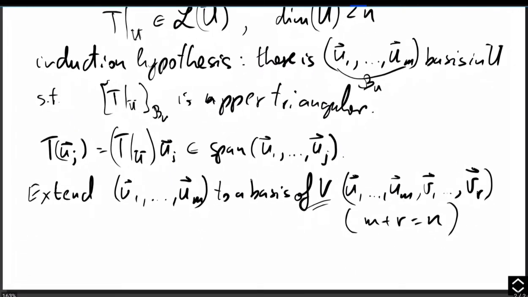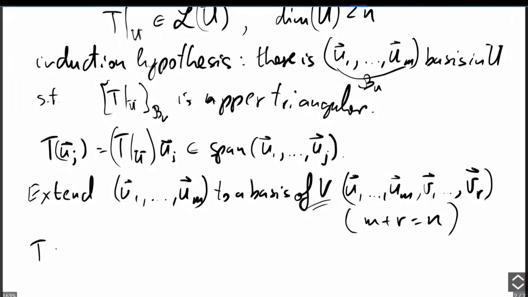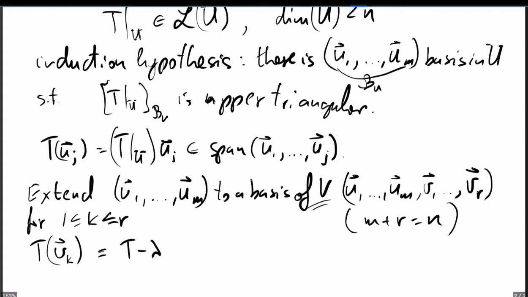Then if you look at the effect of T on one of these v vectors, for k between 1 and r, like before, we can split this into two parts, one with T minus lambda I applied to vk, and then the other is lambda times vk.